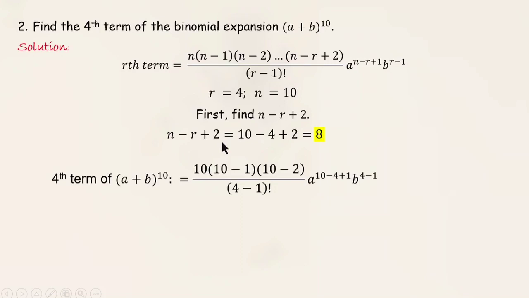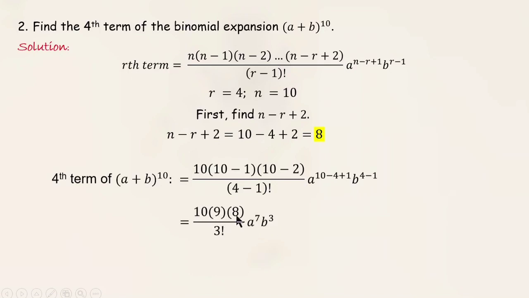Simplify, we have 10 times 9 times 8 over 3 factorial. 10, then 9, 10 minus 1 is 9, then 8, 10 minus 2 is 8, over 3 factorial. 4 minus 1 factorial is 3 factorial, times a raised to 10 minus 4 plus 1, and that is equal to a raised to 7, times b raised to 4 minus 1, which is b raised to 3.